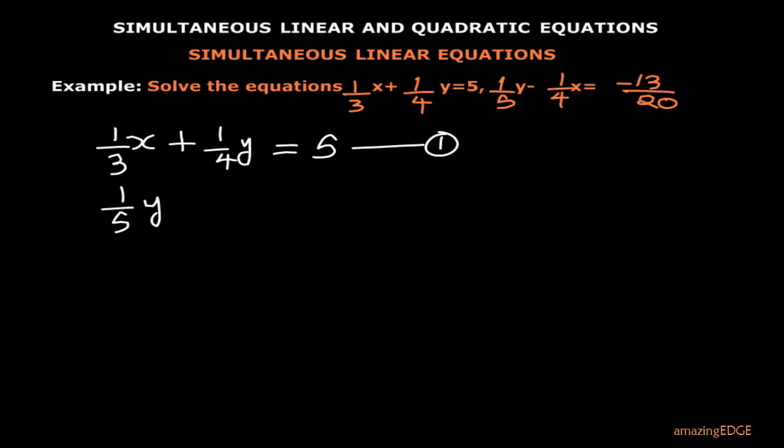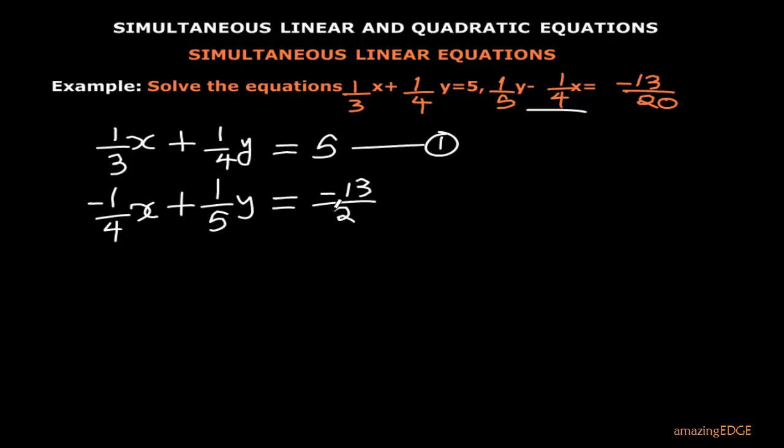So in order to achieve that, we start by writing minus 1/4 x. Then y, which is now 1/5 y, equals minus 13/20. Maybe we'll call this equation 2. So this is actually what we want to solve.